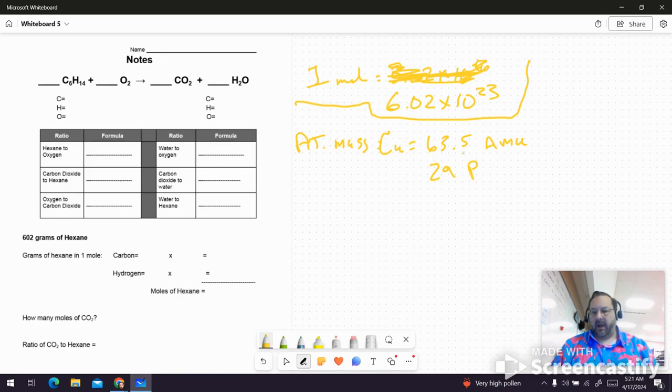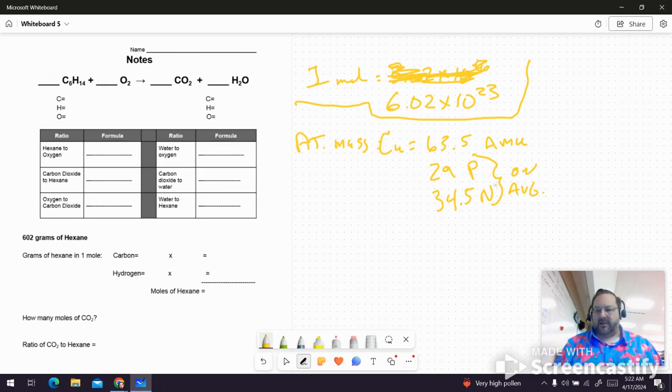I have 63 and a half minus 29 for neutrons, so neutrons are going to be 34.5 neutrons. Now you can't really have 0.5 neutrons. What happens is that on average, you have some with 34 neutrons, some with 35 neutrons. In any sample of copper that we have, that's what we have on average.